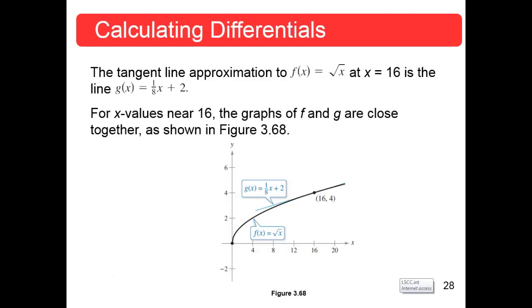So the tangent line approximation to f of x equals square root of x at x equals 16 is this approximation. G of x is equal to 1/8 of x plus 2. Oh, that's a tangent line approximation, which to me, why bring that back up here, but they do. Okay, now how did they get that?